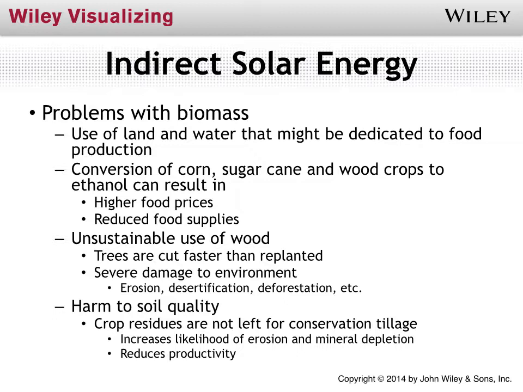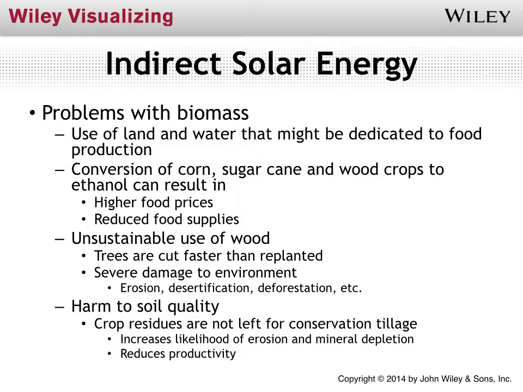So again, the problems, as I just highlighted, are basically using land and water for that instead of food production. Converting crops to produce ethanol definitely drives food prices up and reduces food supplies. It really is an unsustainable way of using wood, for example, because there would have to be so much more volume of wood used for fuel production, and therefore far more damage than would typically be generated by using wood as we currently do for timber production.